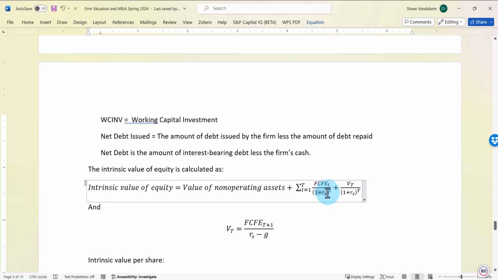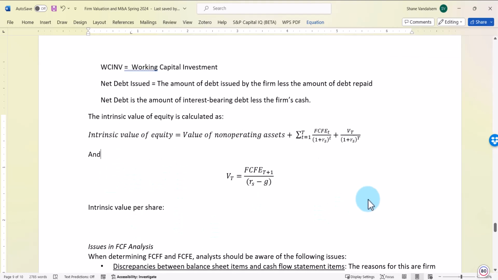And the discount rate is the cost of equity, or the required rate of return for equity, instead of the weighted average cost of capital. And then down here we again have our constant growth model, which is what we'll use for Coca Cola. Our intrinsic value per share is the intrinsic value of equity divided by the number of shares outstanding.